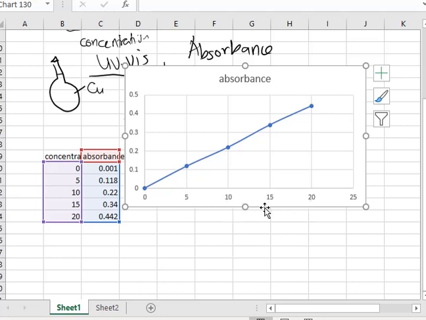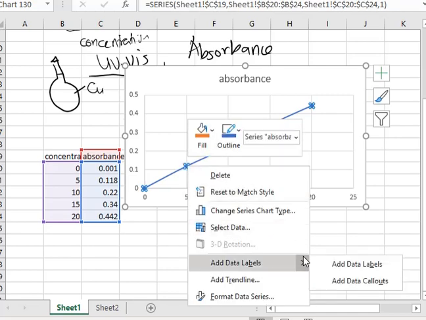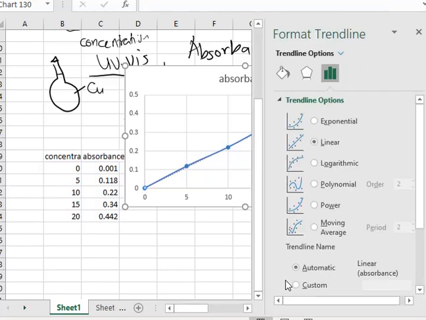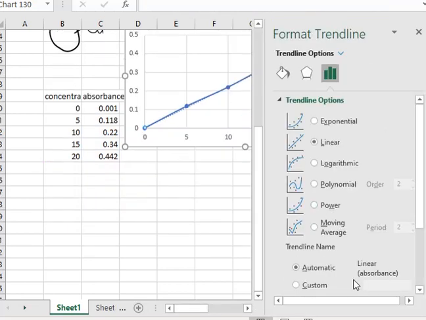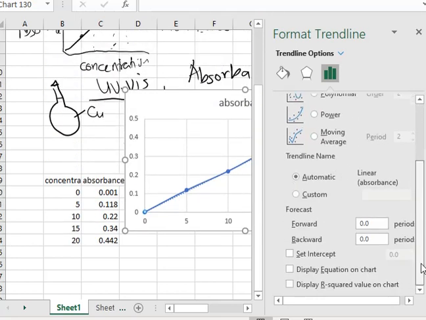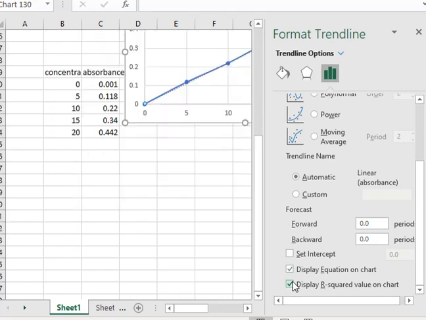The x-axis is the concentration, whereas the y-axis is the absorbance. What you need to do is get a best fit line. So add trend line, and you just click linear. That's a linear trend line, and you display the equation on chart, and you also display R squared on chart.